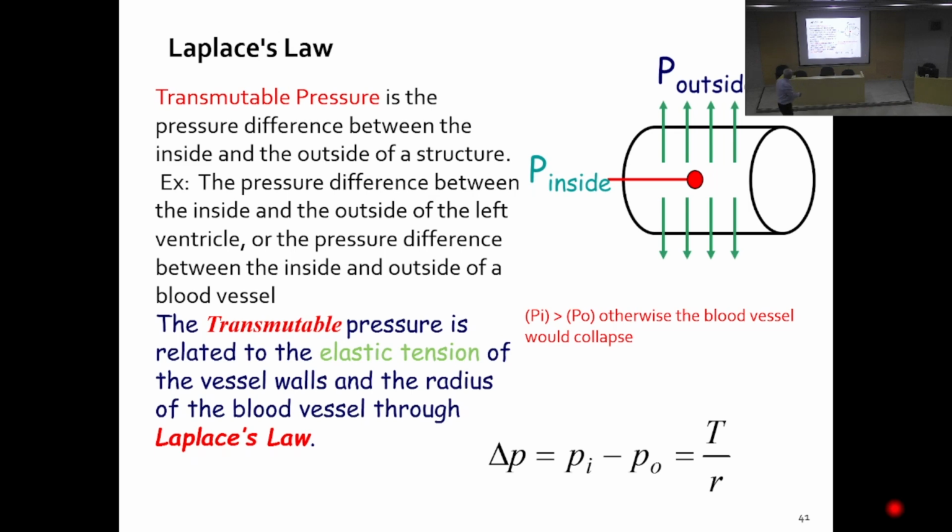Through this simple equation, the pressure inside minus the pressure outside, of course with inside being bigger, equals tension T and radius R. If you have a tube like this, the pressure difference between this point and this point is related to the radius, considering this a cylindrical shape, and the tangential tension on the surface of the tube or vessel itself.